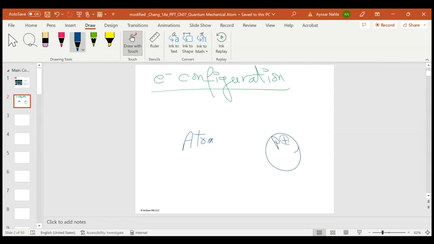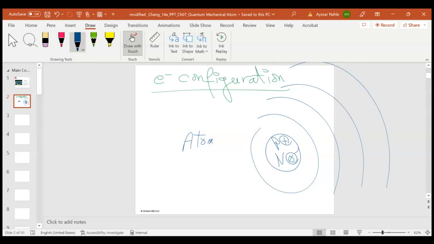There are protons, which are positively charged, and neutrons, which are zero charged. And there will be some shells and subshells we're going to look at later on. And in there, we have some electrons. So we have to arrange the electrons in the shells so that the electrons are distributed. Now the idea is how we can arrange the electrons inside an atom, as simple as this.